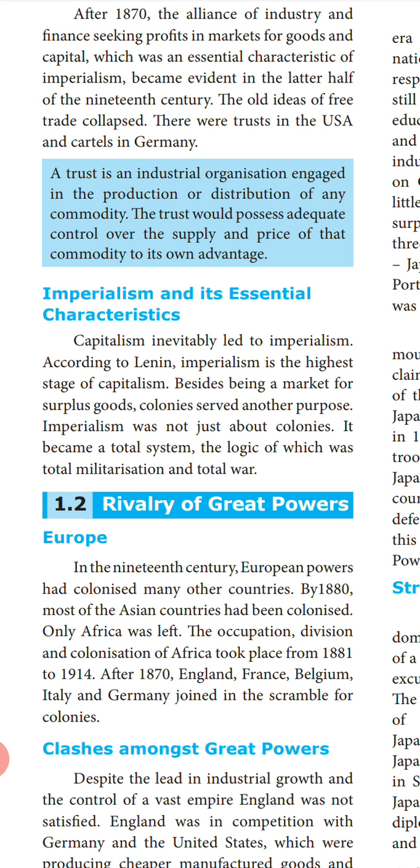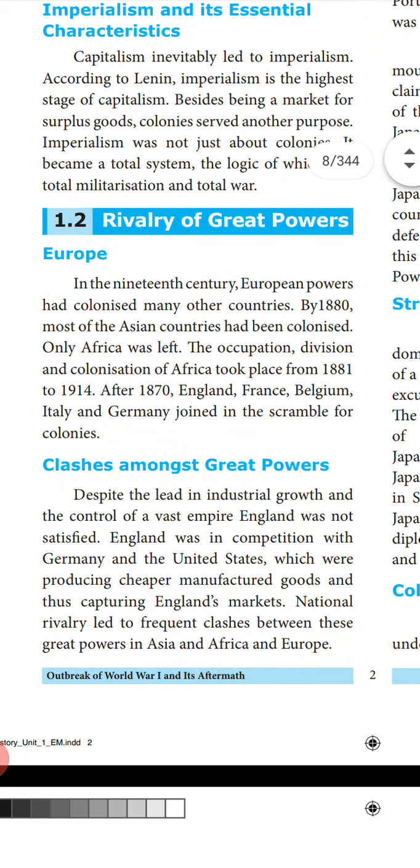Okay. Next, let us know about the rivalry of great powers. In the 19th century, European powers had colonized many other countries. By 1880, most of the Asian countries had been colonized. Only Africa was left. The occupation, division, and colonization of Africa took place from 1881 to 1914, till the starting of the First World War.